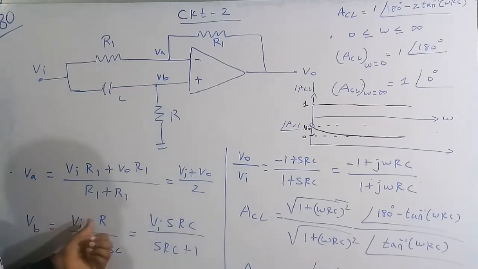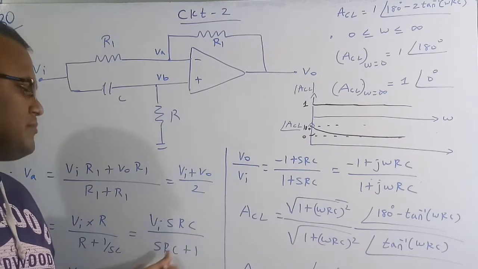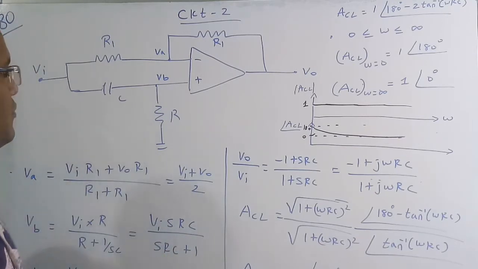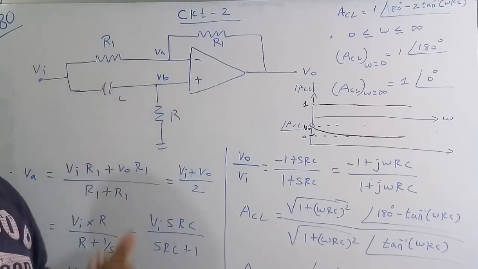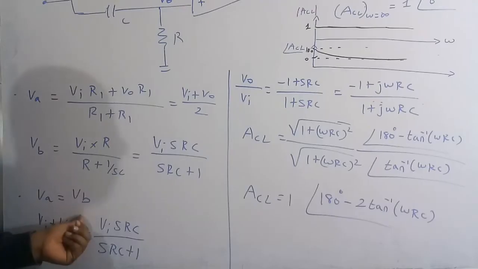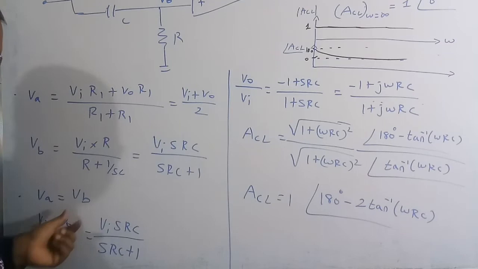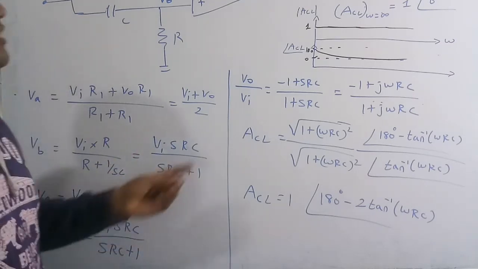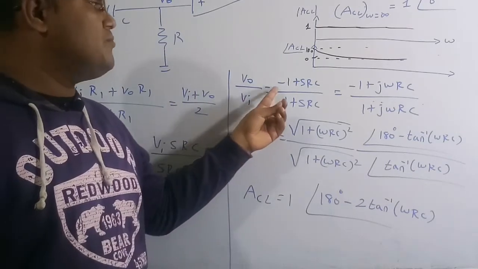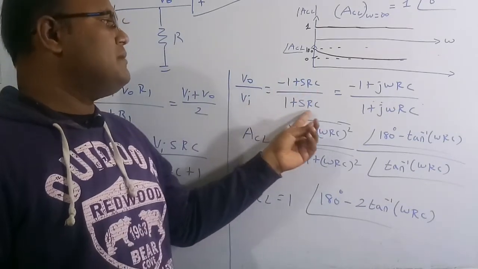If you solve this, we get VI into SRC by SRC plus 1. By negative feedback with the virtual short circuit, VA must be equal to VB. Substituting the values and simplifying, finally we get V0 by VI is equal to minus 1 plus SRC by 1 plus SRC.